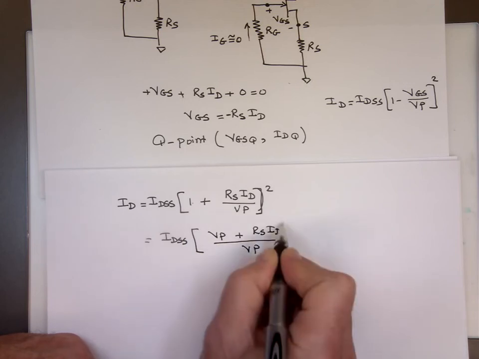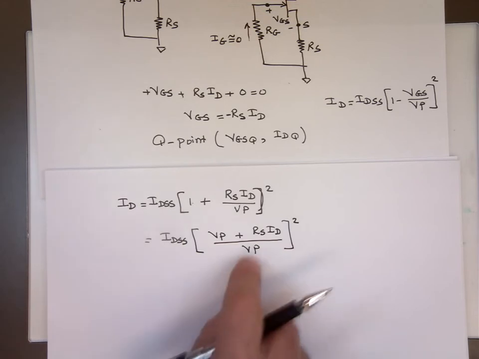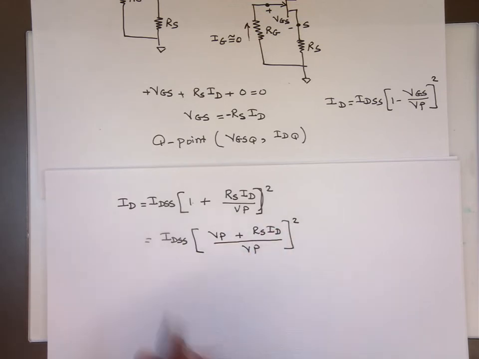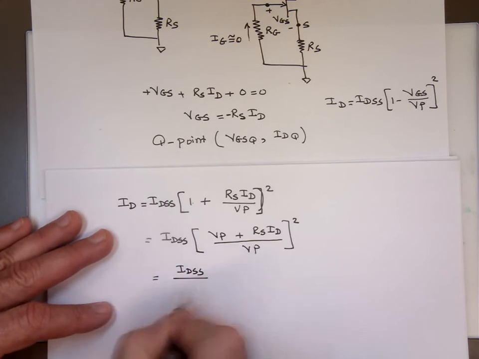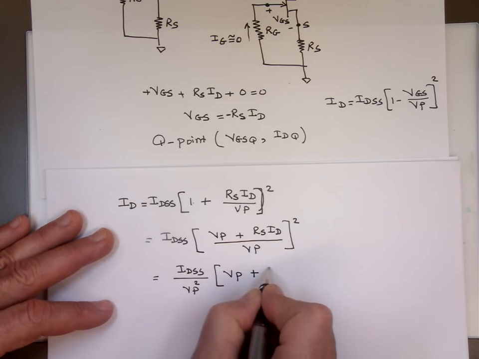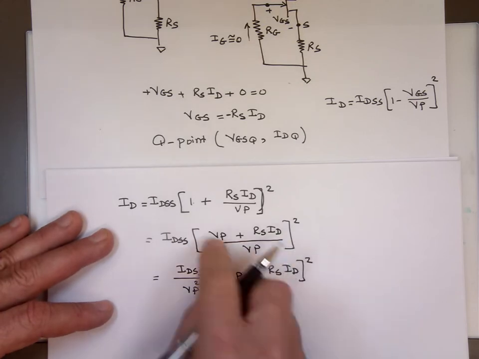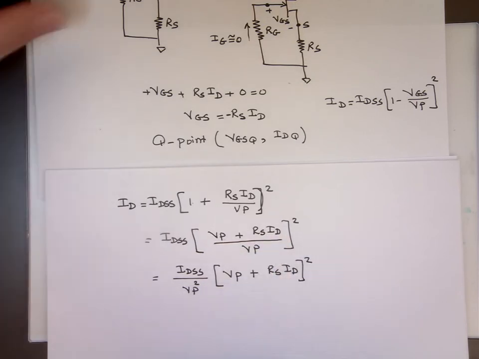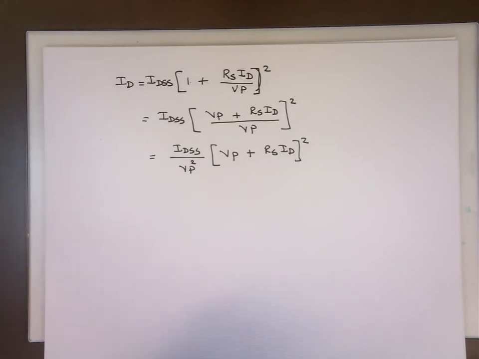And I can square this and square the top and rewrite that as I sub DSS over VP squared times VP plus R sub S I sub D squared. So I squared this one, squared that one, but I pulled this one outside. And sometimes I wonder why I go through the math. This is not going to be pretty. FOIL this one out.